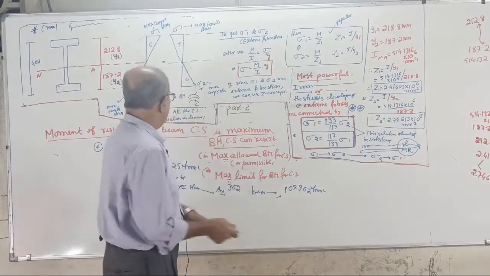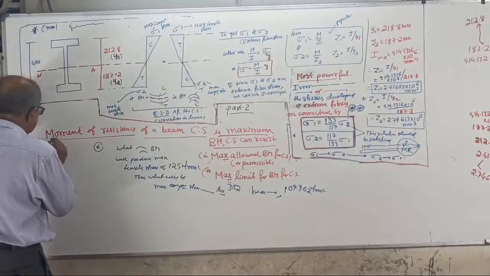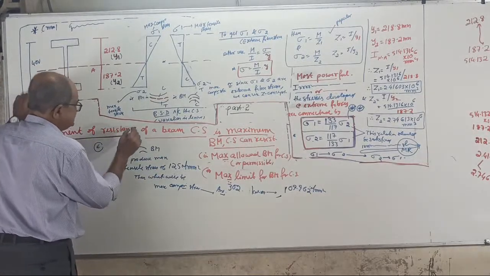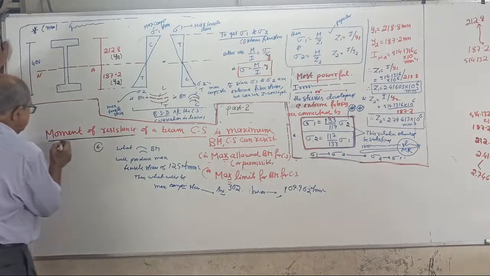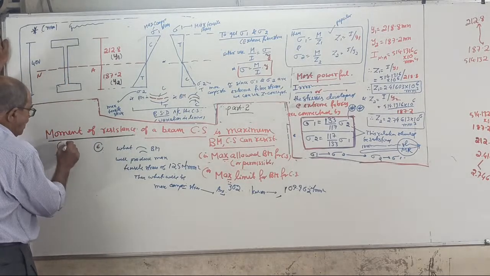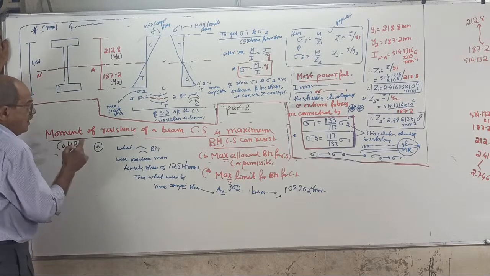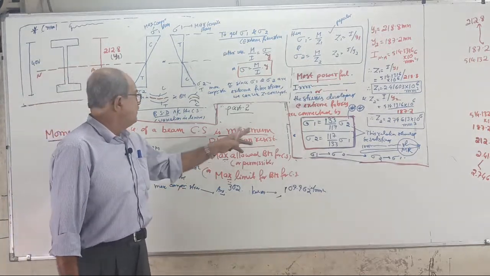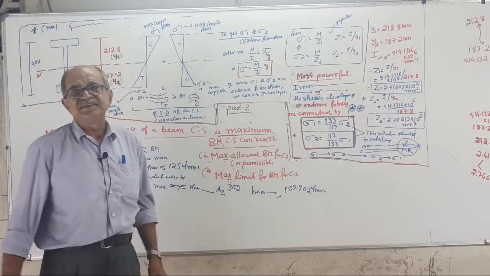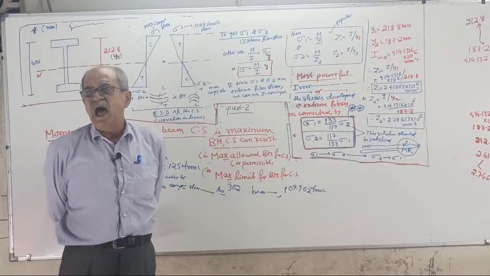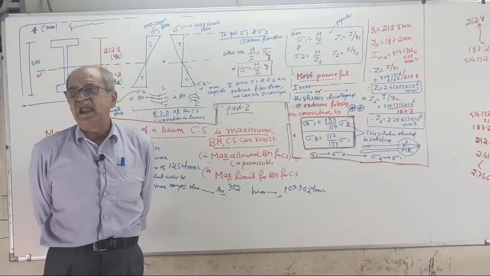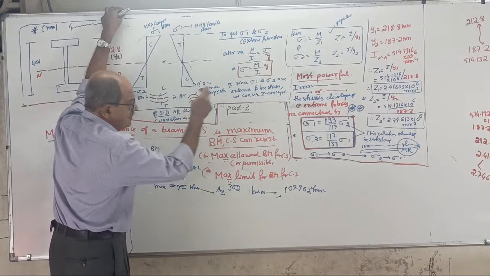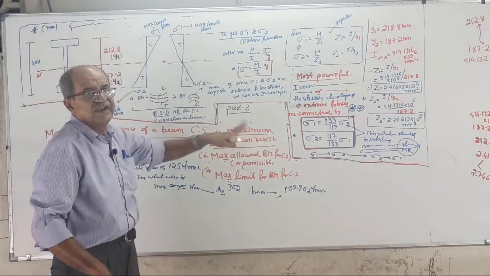Now you are going to consider a term called moment of resistance. First, the definition: moment of resistance, in future short form MR. Moment of resistance of a beam cross section is the maximum BM the cross section can resist, or you can also say the maximum allowed BM for the cross section.